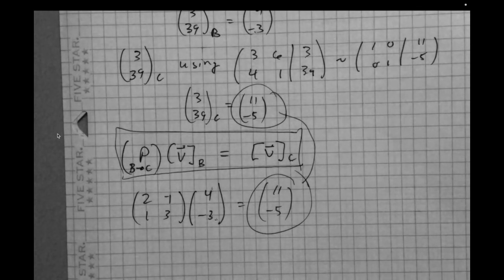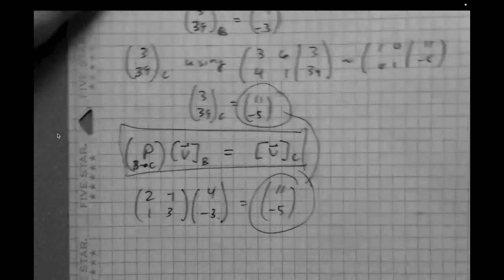Now, the transition matrix depends upon taking all of the basis vectors and coordinatizing them. There are also more efficient ways to do that work, so let's talk through what that looks like.